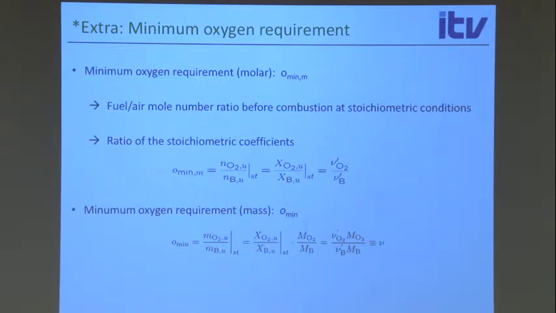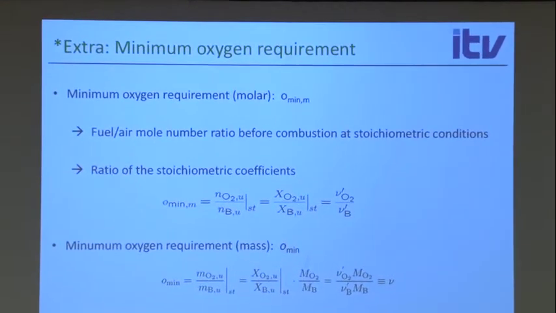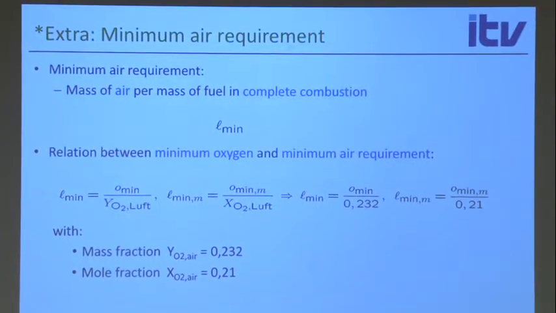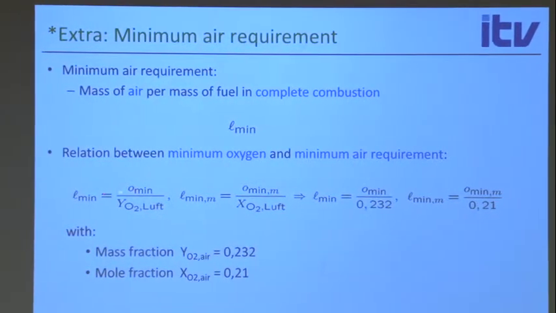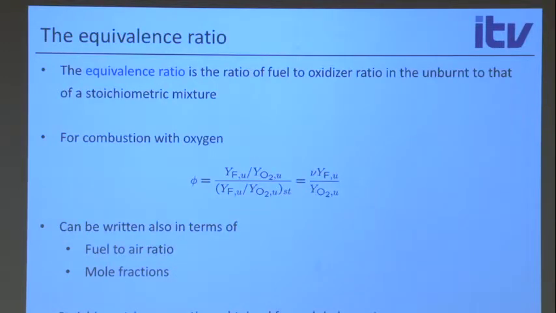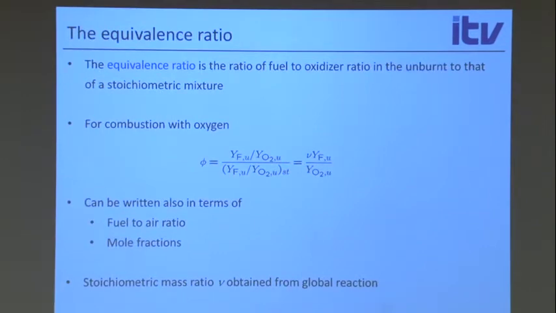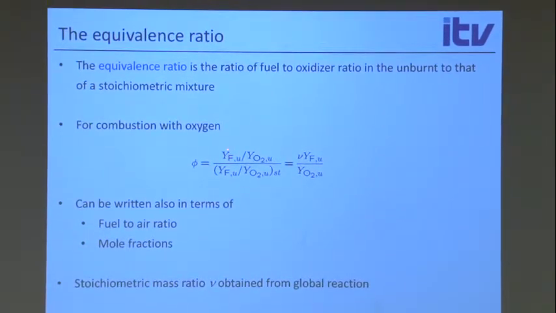There are other quantities like the minimum oxygen requirement and others, which appear here in the green stuff. If you want to look at this, this is the minimum air requirement and so on. We just want to introduce here the equivalence ratio. The equivalence ratio is based on the stoichiometric mass ratio.